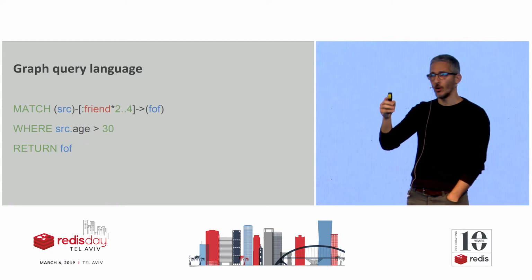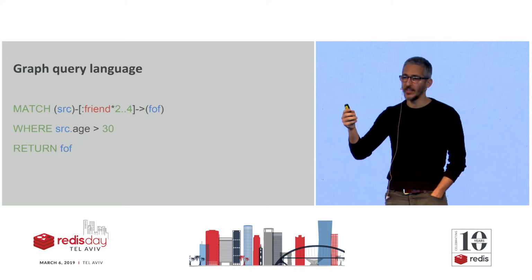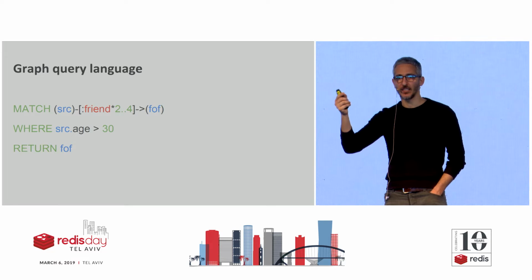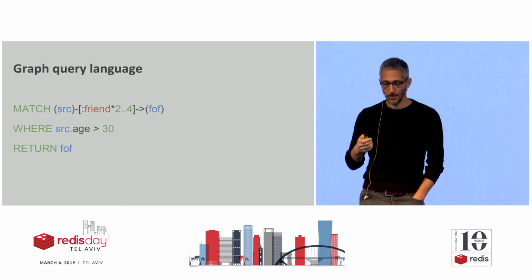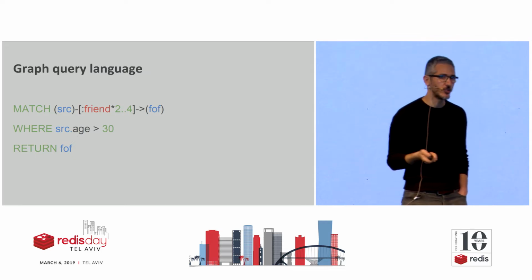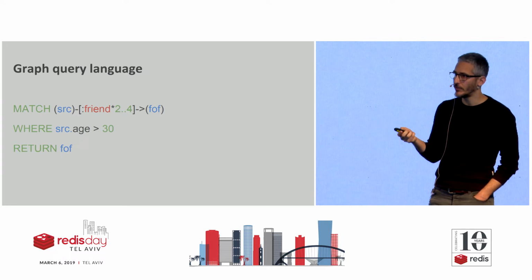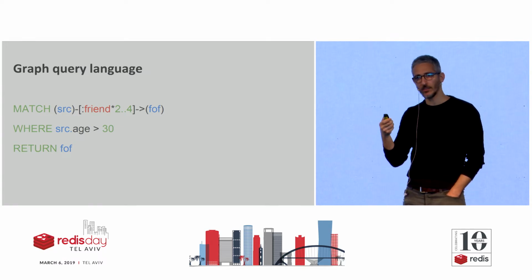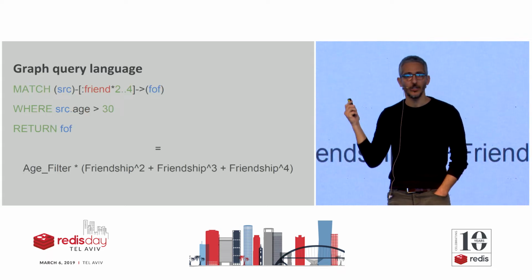So here's an example of a query. Consider every person in the graph who is over 30 and find its friends of friends who are 2, 3, and 4 hops away from it. This query is written in Cypher, one of the most popular graph database query languages out there. And what Redis graph does is it takes this query and transforms it into a linear expression.